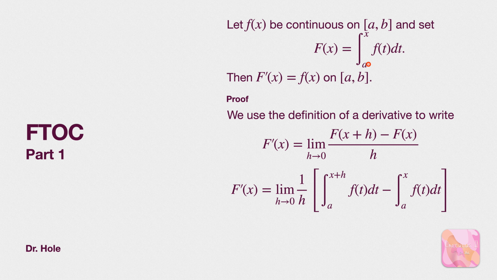This definite integral from a to x of f of t. So that's capital F of x has as upper bound x. Therefore, capital F of x plus h will be the same integral, but with upper bound x plus h. Very good.